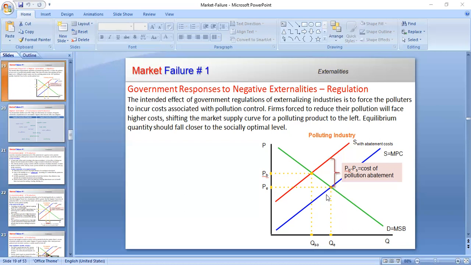Here, when the government reduces the taxes, the price of the pollution abatement equipment, of course, this will be an incentive, and thereby it will reduce the amount of pollution.